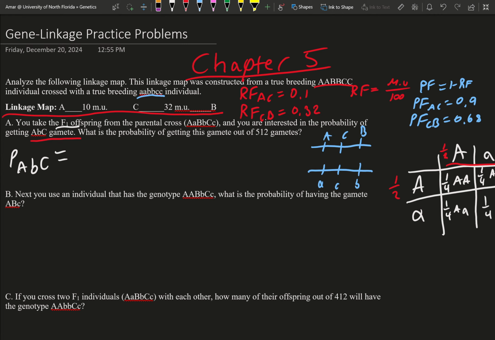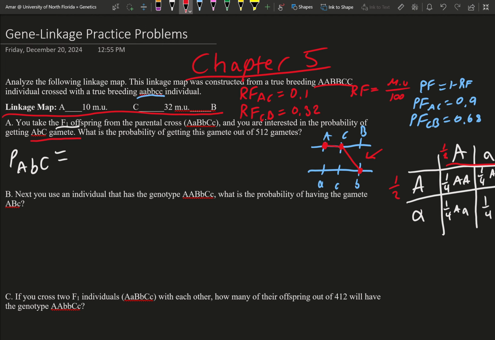The way you're going to do this, and this is extremely important, which is why I told you to write down your linkage map, is you want to keep track of what you want. You want a big A, a little b, and a big C, and you're going to connect those dots together. Whenever you do a crossover event, like between C and B as we have it here, we're going to use the recombination frequency.